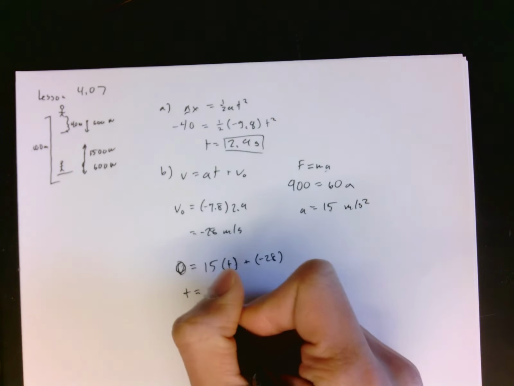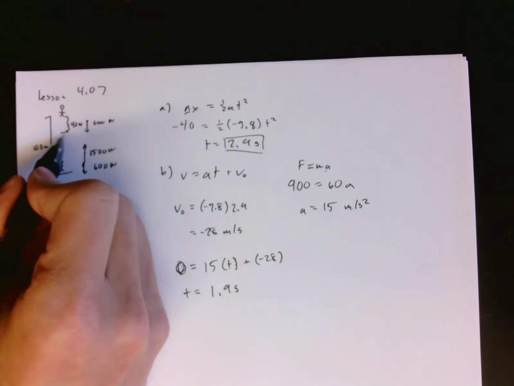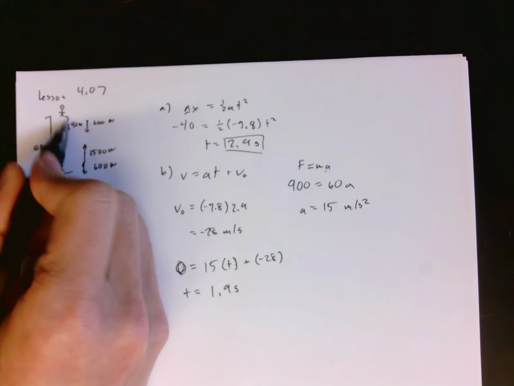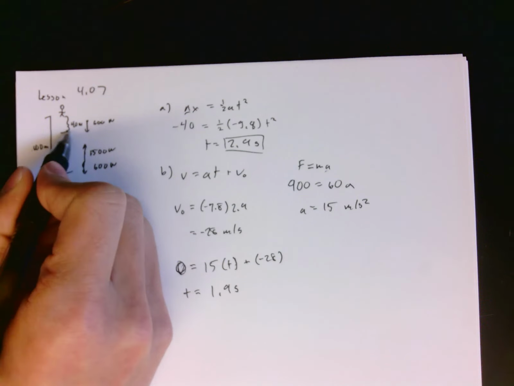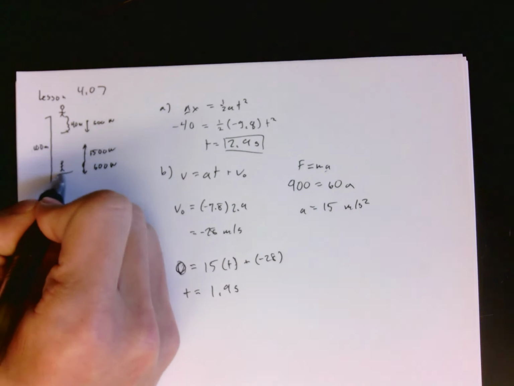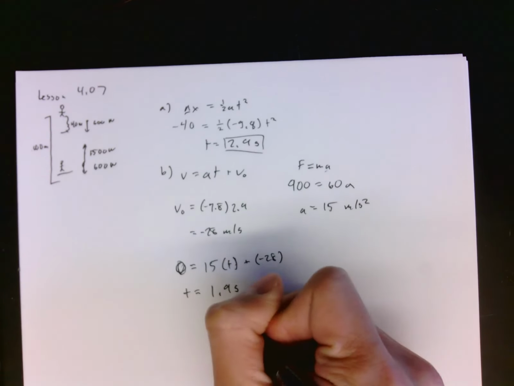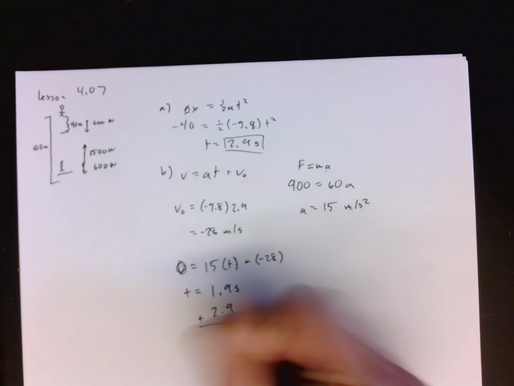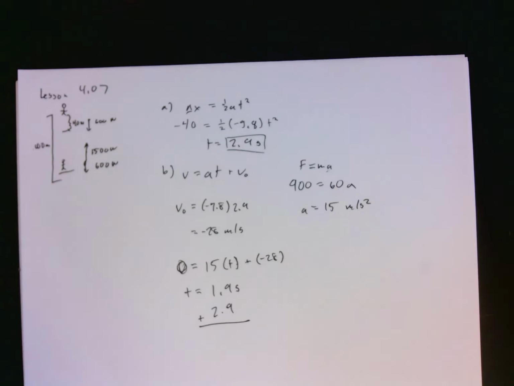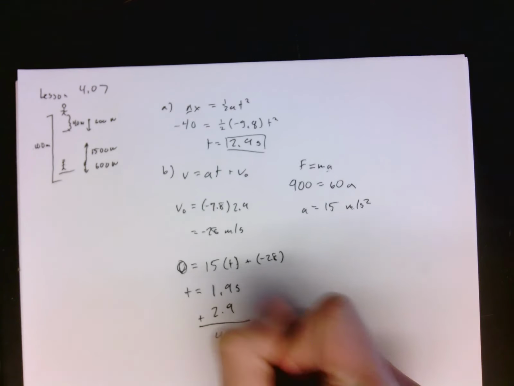So this is how long it will take him to go from 40 meters below to the end. So we have to add the original time, 2.9, and then that's about 4.8 seconds.